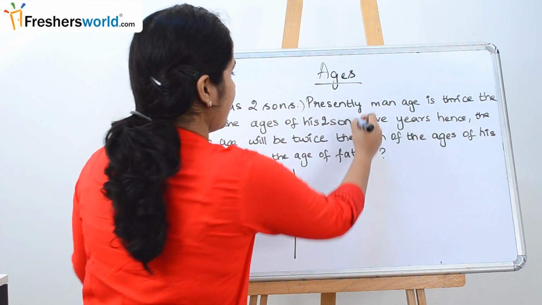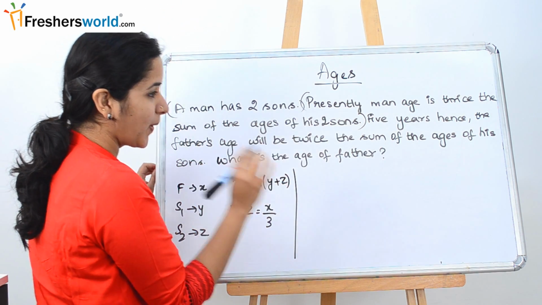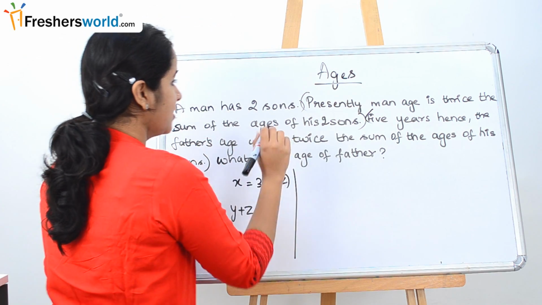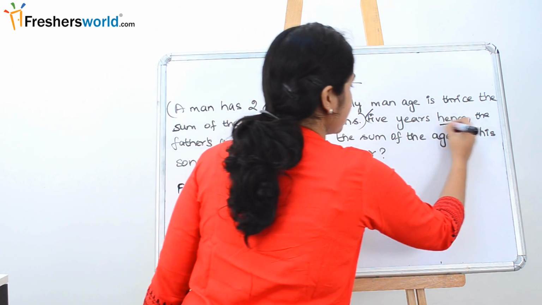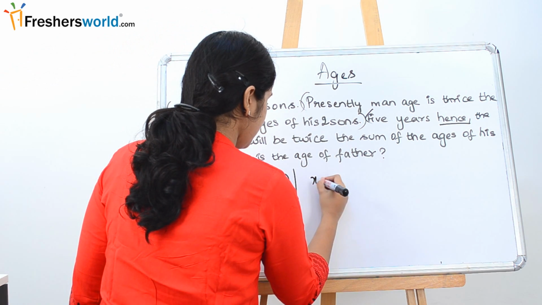Next part they have given is 5 years hence, the father's age will be twice the sum of the ages of his sons. So, this is the next part of the question. 5 years hence. Hence is nothing but after 5 years, so plus 5.